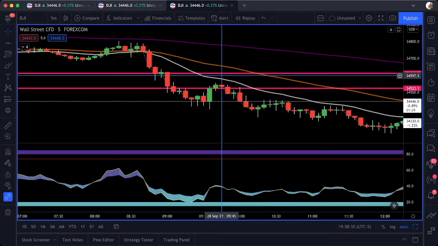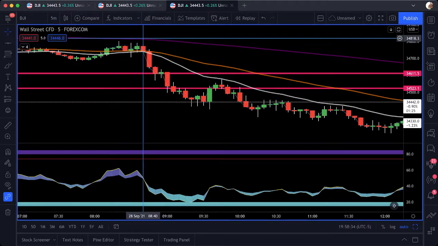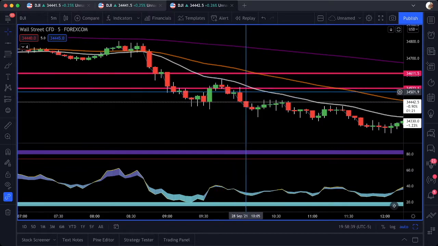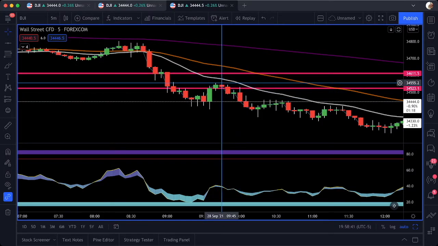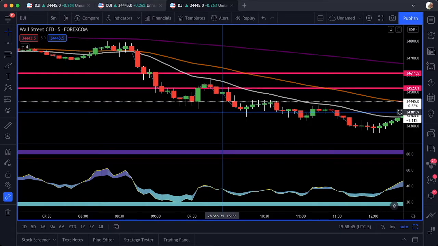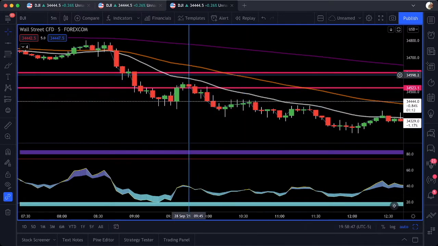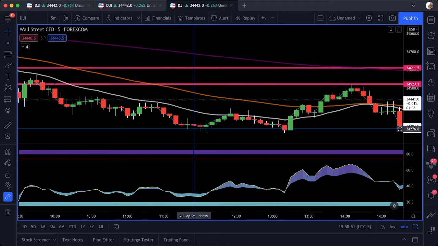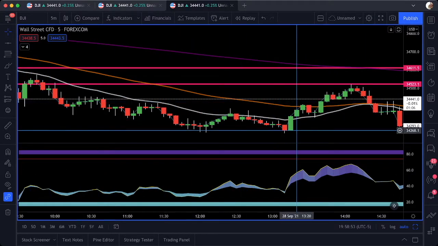Now, an even better entry would have been anywhere up here or as it failed the 20 EMA. Because then it went, woo! Obviously, that's never guaranteed, but woo!